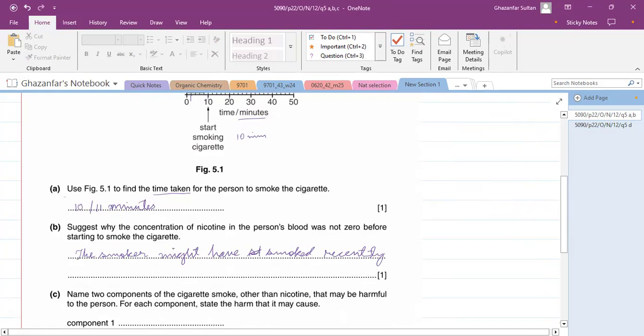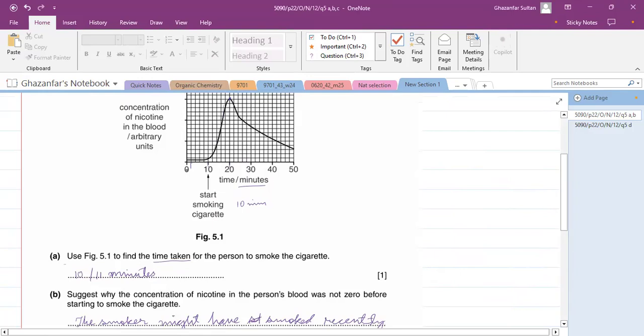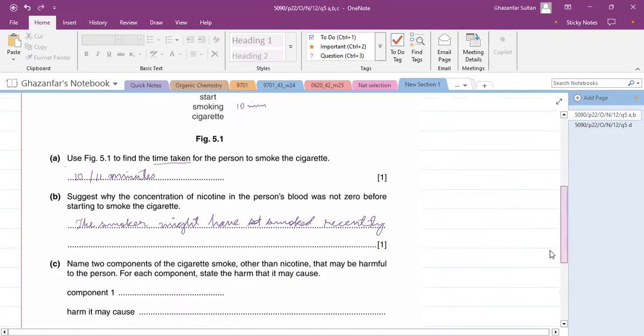This is one of the reasons. And another reason, suppose this person has taken the cigarette the first time, he has smoked for the first time. Even then it may contain some nicotine.